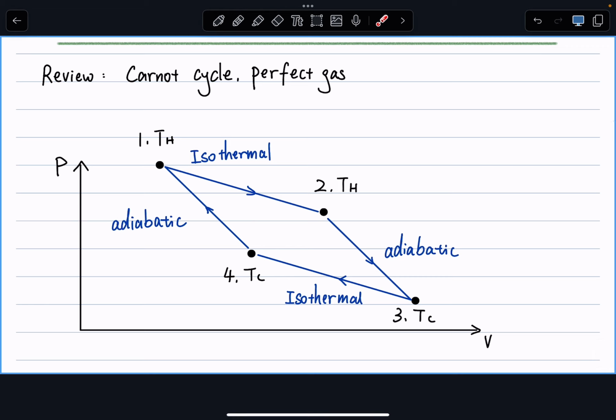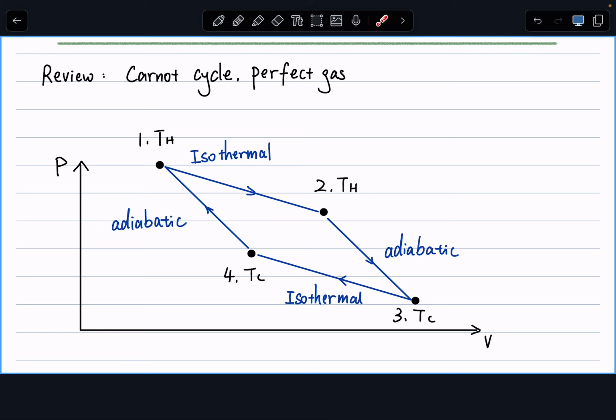Last lecture, remember we went over a specific type of cyclic process called the Carnot cycle. When we say Carnot cycle, effectively we're saying a specific reversible cycle that consists of two isothermal processes and two adiabatic processes.